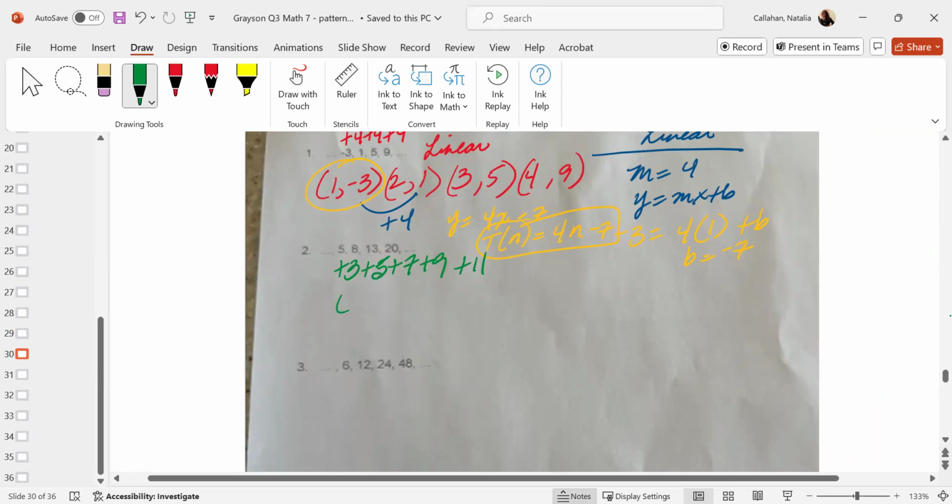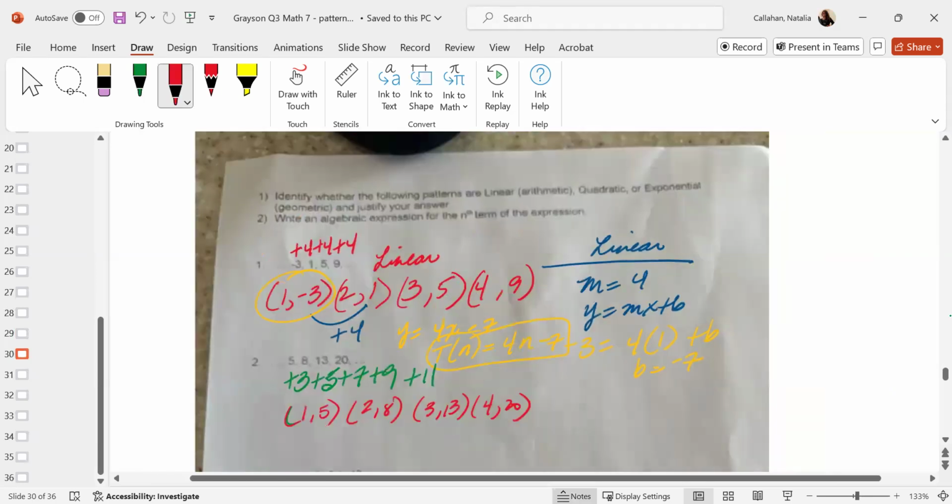So then the points that you're going to be using are like 1, 5, 2, 8, right? 3, 13, and 4, 20. Well, this right here is not going to be linear. So is it going to be quadratic or is it going to be exponential? So let's go ahead and take a look.